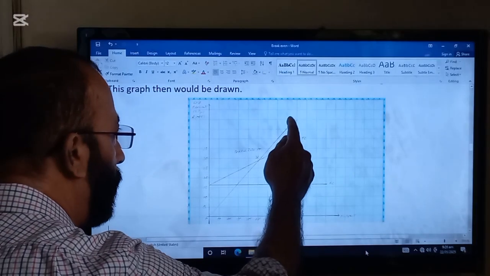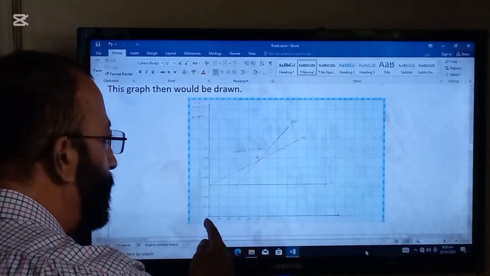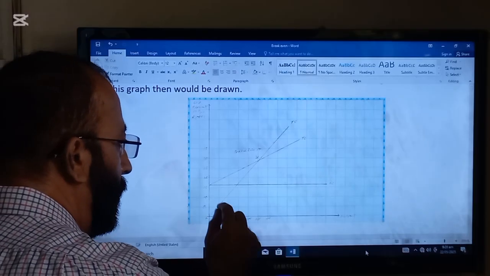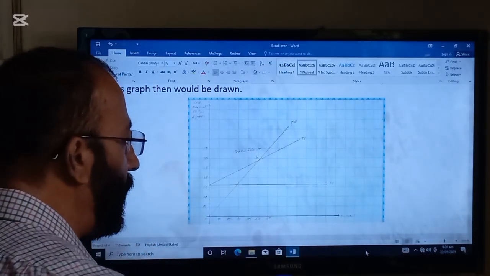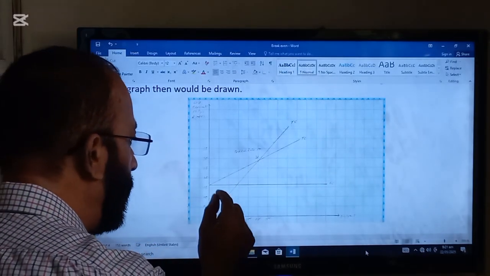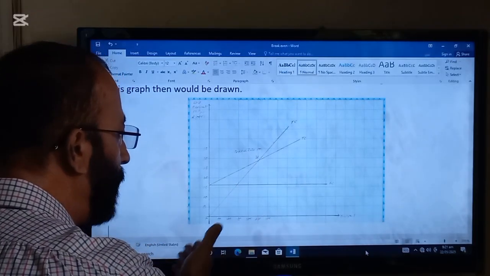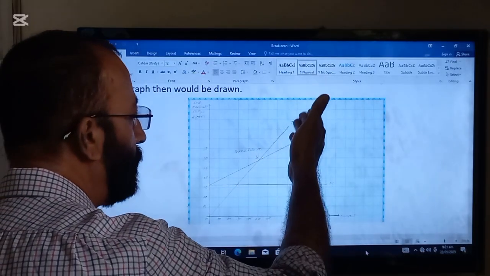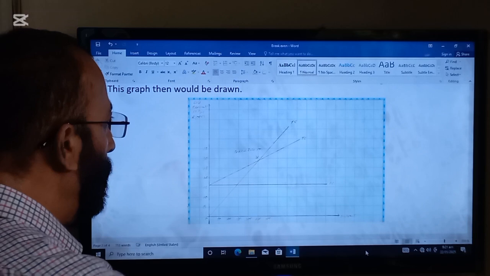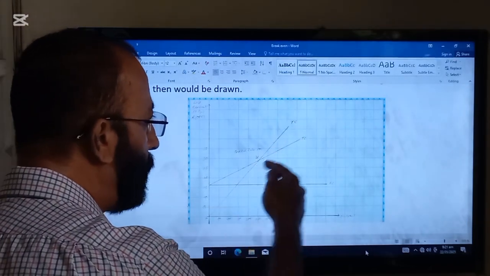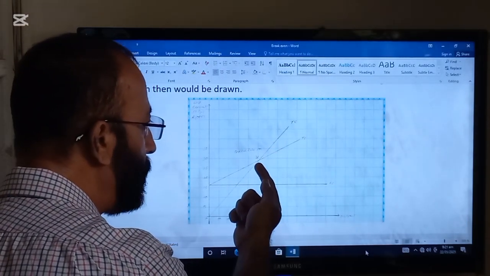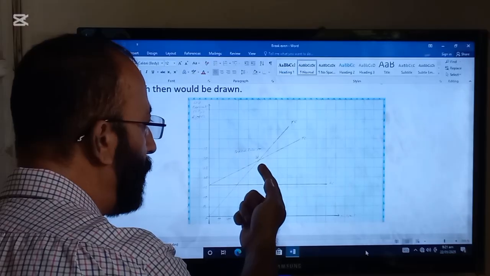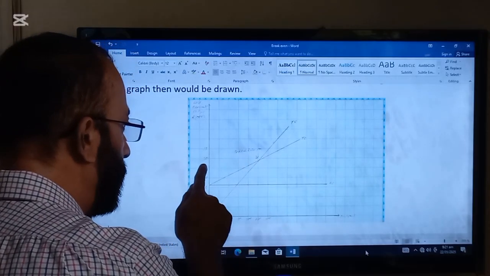The points are plotted on the graph and joined with the help of a ruler. This is the total revenue line. Where the total revenue line and total cost line intersect each other is the break-even point.